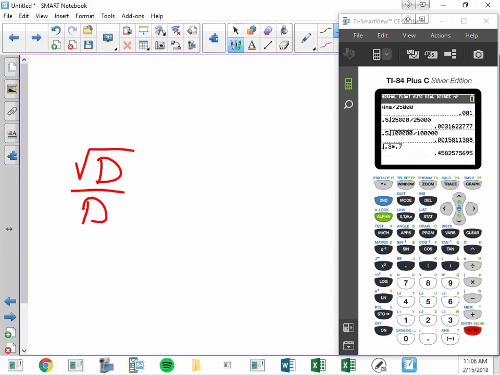Square root of D over D. What is the square root of D really? D to the 1/2. Right? So what's D to the 1/2 divided by D? Okay, this was supposed to be the easy part. Watch this.